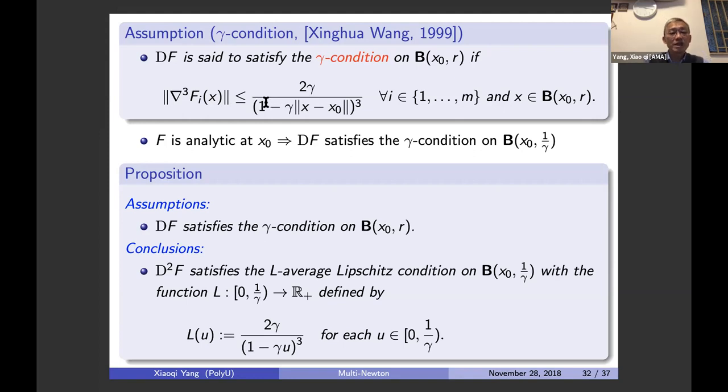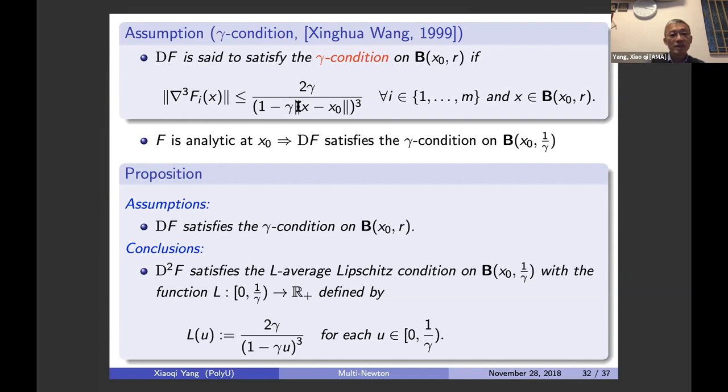There is a gamma, and the denominator is 1 minus gamma times this distance to the power 3. This is the so-called gamma condition used in the literature.